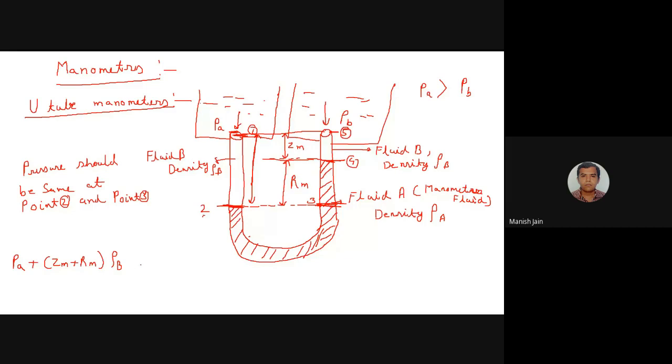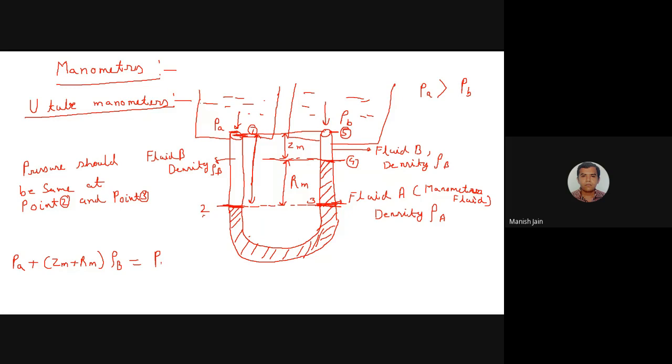Okay. Now because we are doing the force balance, you have to write the pressure with the negative sign. That should be equal to, here the pressure is PB, at point 5 you have the pressure PB.